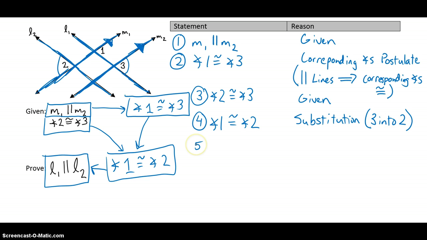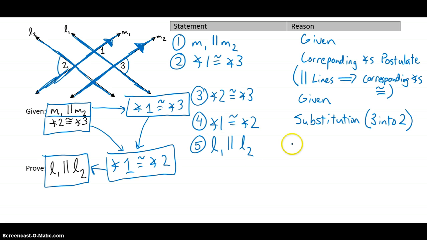Now, since 1 and 2 are congruent, not because they're alternate exterior angles, but because they're both congruent to the same angle, I can now conclude that L1 is parallel to L2. Why?